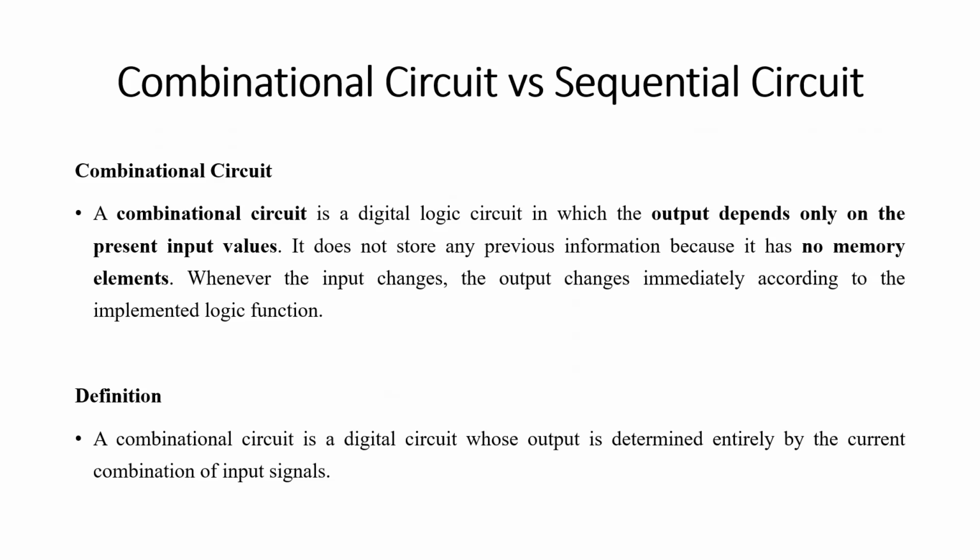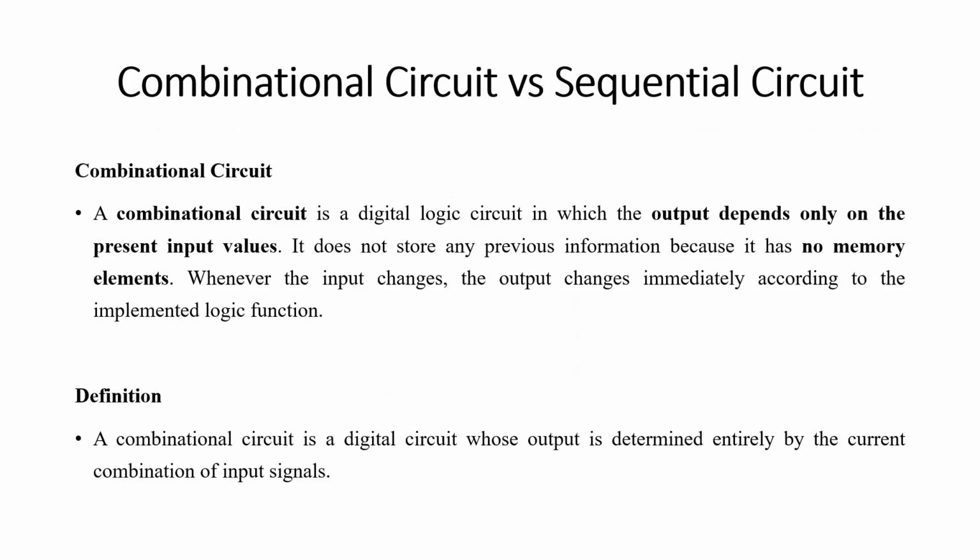It won't take any past values. It does not store any previous information because it has no memory elements. So whenever the input changes, the output also changes immediately according to the implemented logic function.